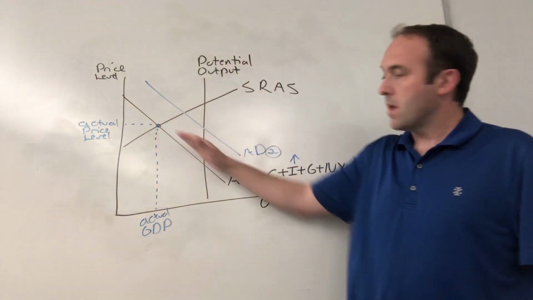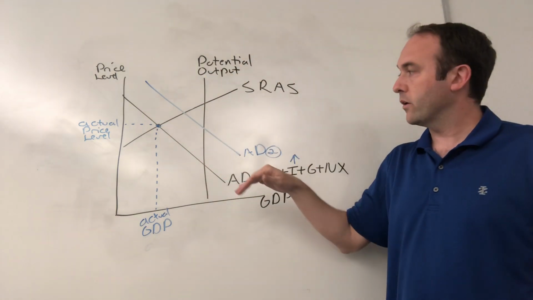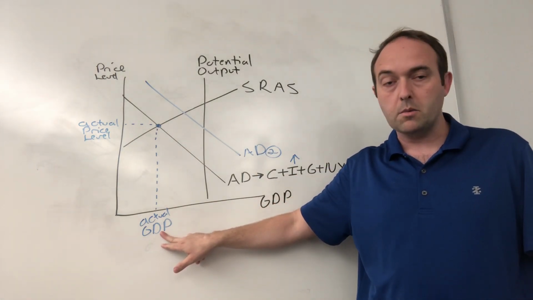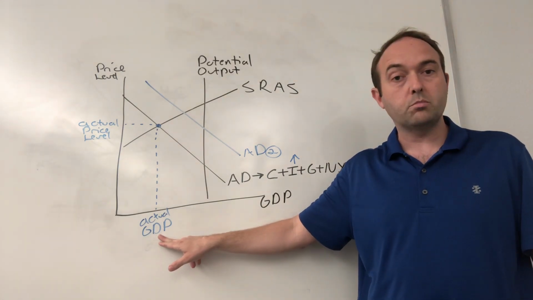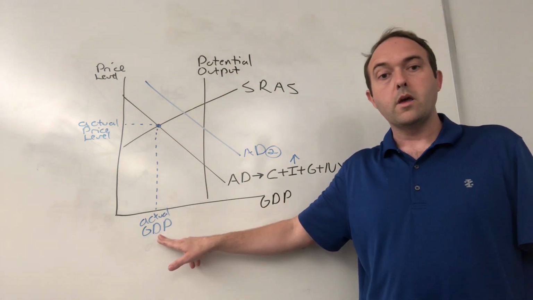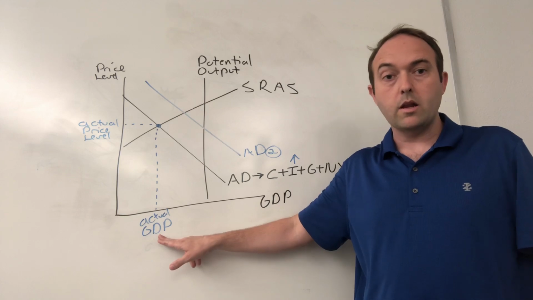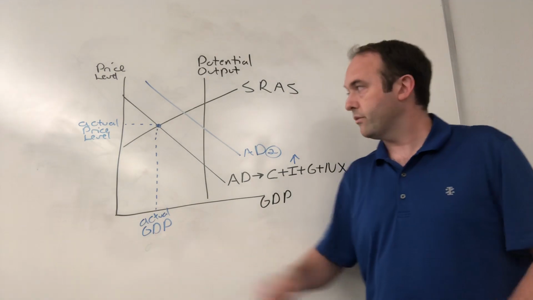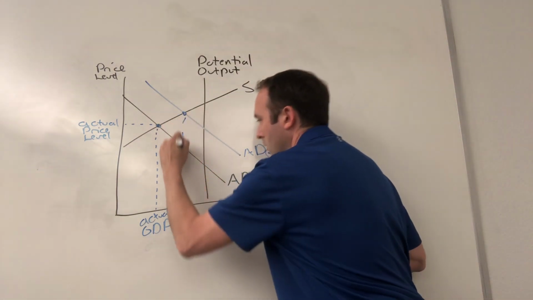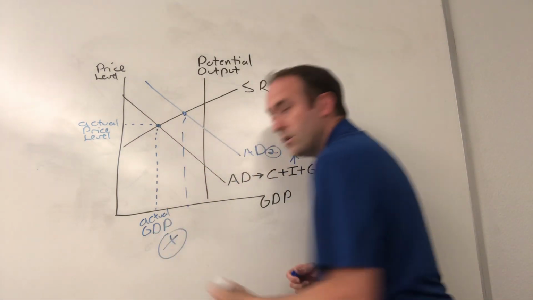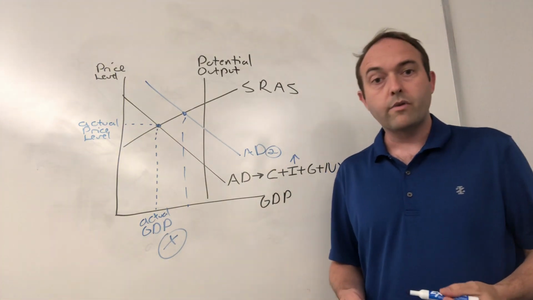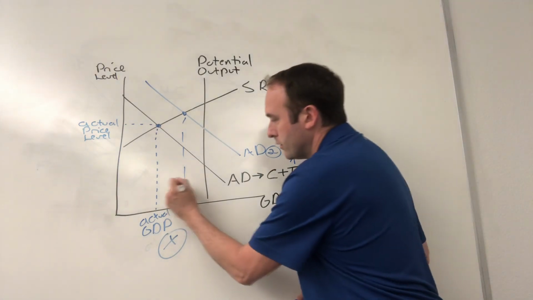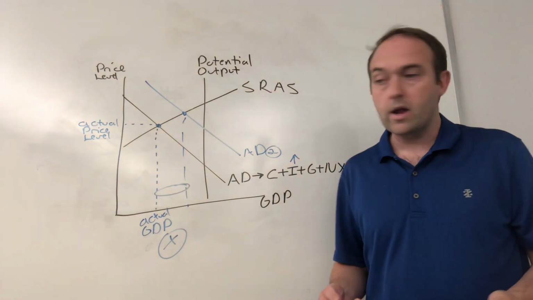Where aggregate demand intersects your short-run aggregate supply on your x-axis, that gives you actual GDP in an economy, which is a measurement of how much stuff gets produced in an economy. If we want to focus on labor and employment, if we go from making this amount of stuff to some increased amount of stuff, firms are probably going to have to hire new workers to make this additional stuff, right?